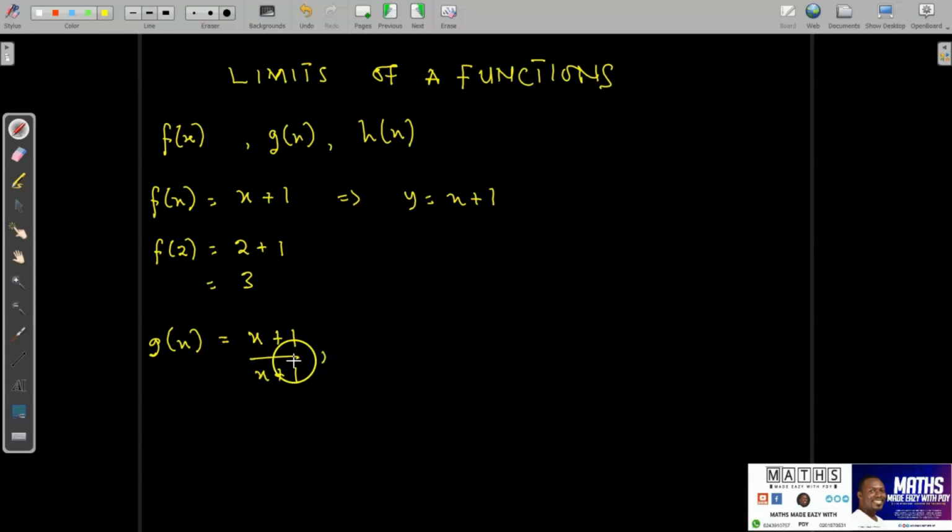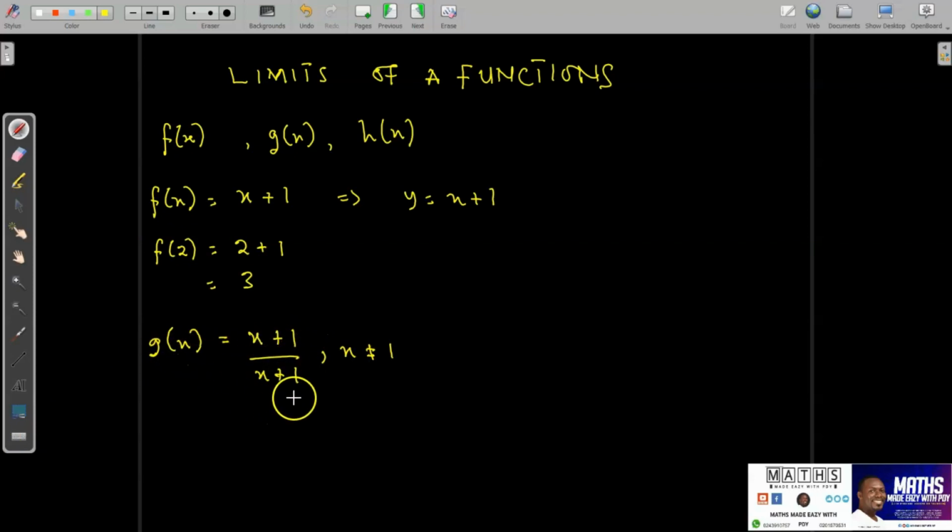So over here, you can say that x is not equal to 1, and I believe you've seen that whenever they give you any kind of rational function, they always give you the undefined value, and therefore that undefined value should be out.